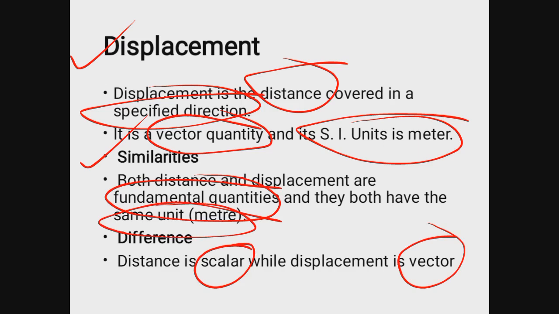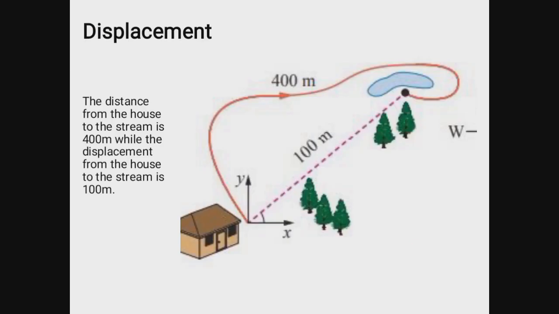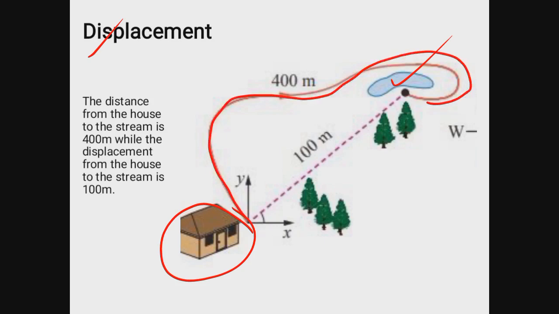Alright, on to the next slide. This slide is now explaining to us the main difference between distance and displacement in terms of pictorial view. We have a house here. From this house to this water, is going to take a distance of 400 meters. Before an observer can cover this distance, such observer must have traveled for 400 meters.